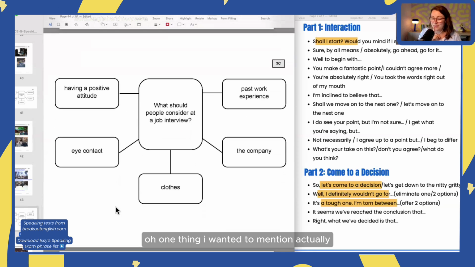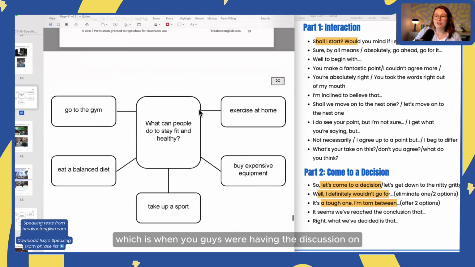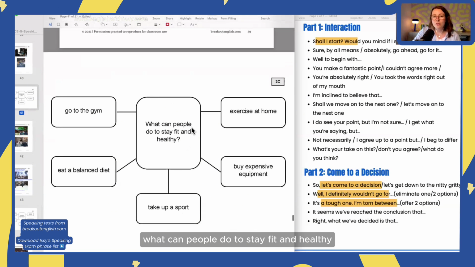Oh, one thing I wanted to mention actually, which I'm surprised didn't happen before because it's a mistake that I see in every single Speaking Part 3 exam preparation class, which is when you guys were having the discussion on what can people do to stay fit and healthy, I think Ursula, you said, well, I think the most important is eating a balanced diet.